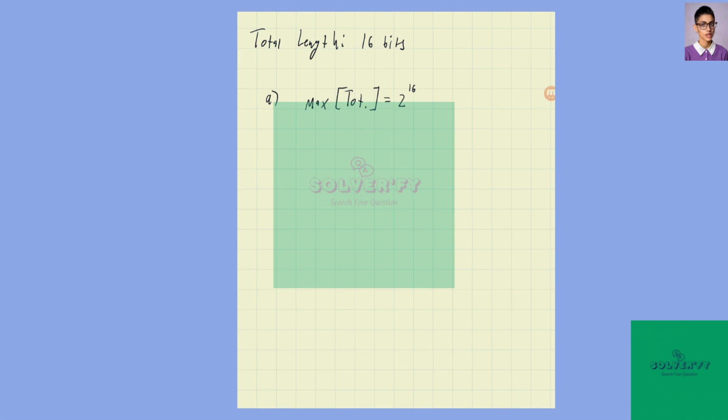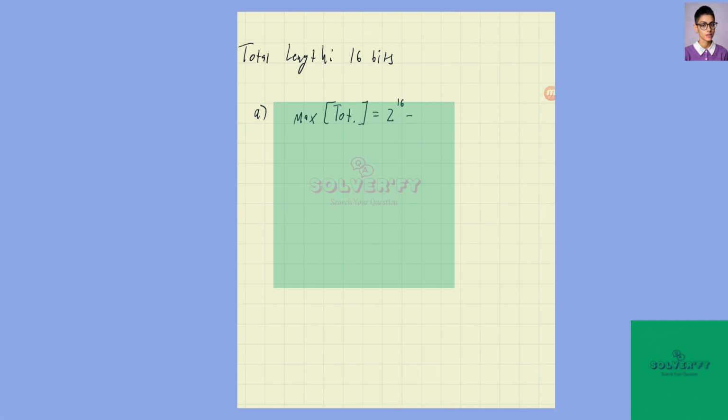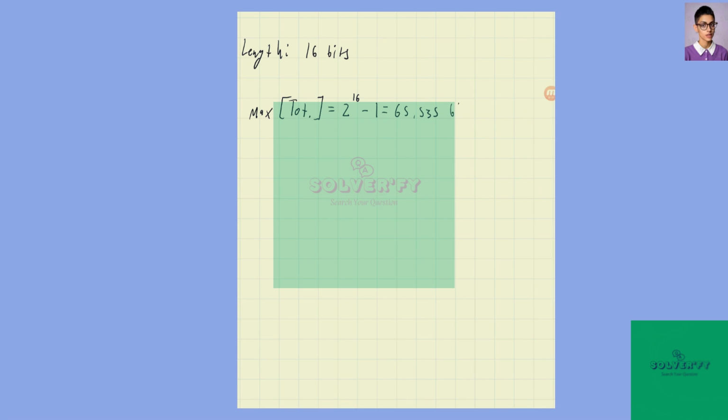But we can't have all of the digits filled in, so the maximum value is actually 2 to the power of 16 minus 1, which equals 65,535 bits, which then equals 8,100 or approximately 8,192 octets.